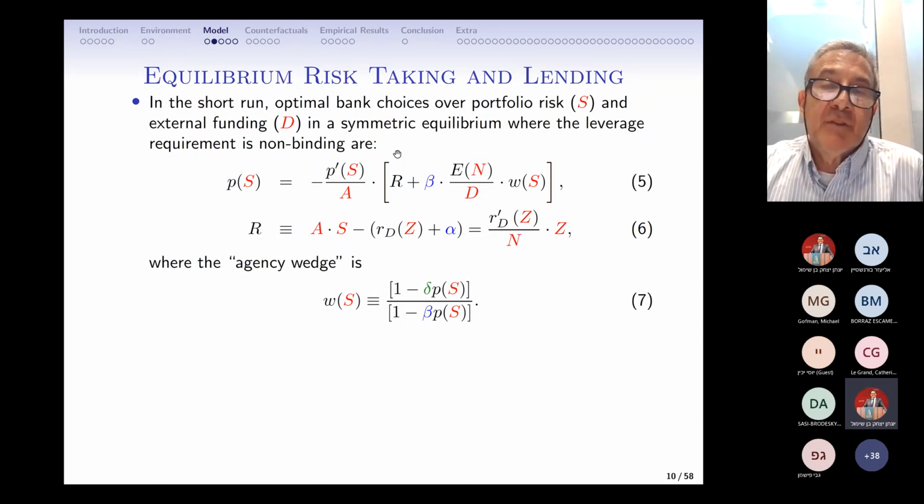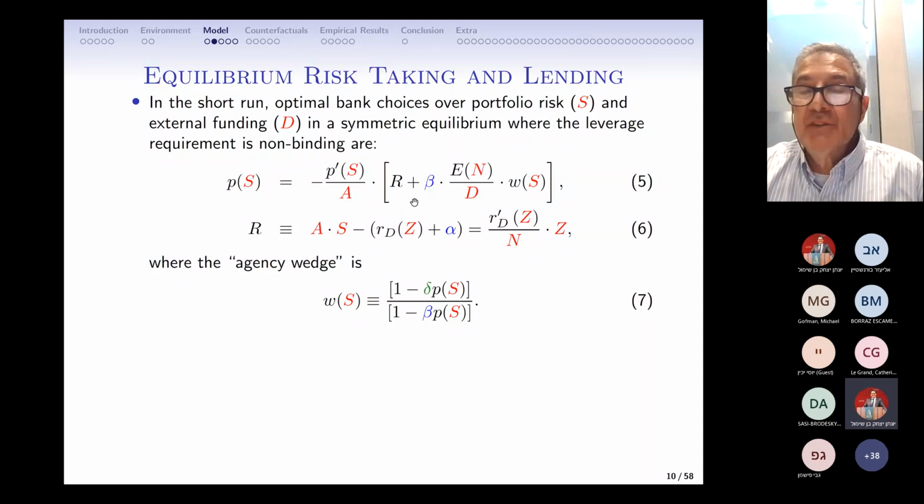So if R is higher, the more profitable banks are going to try to guard that profitability by taking less risk, because they are getting these high returns anyway. They're not chasing returns because they have low profitability.